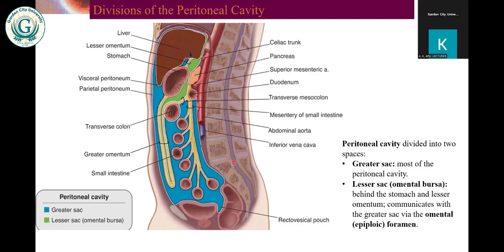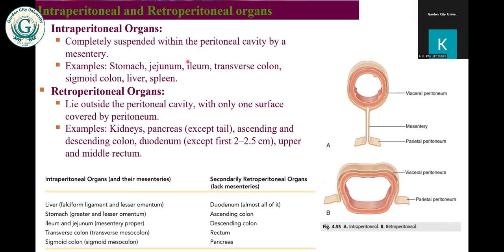We divided the peritoneal cavity into two, the greater sac and the lesser sac, being behind the stomach and the lesser omentum. We looked at the peritoneal organs and grouped them into intraperitoneal organs and retroperitoneal organs. The kidney, the pancreas, the ascending and descending colon, the duodenum, and the upper and middle rectum are retroperitoneal organs. Retro means behind the peritoneum.